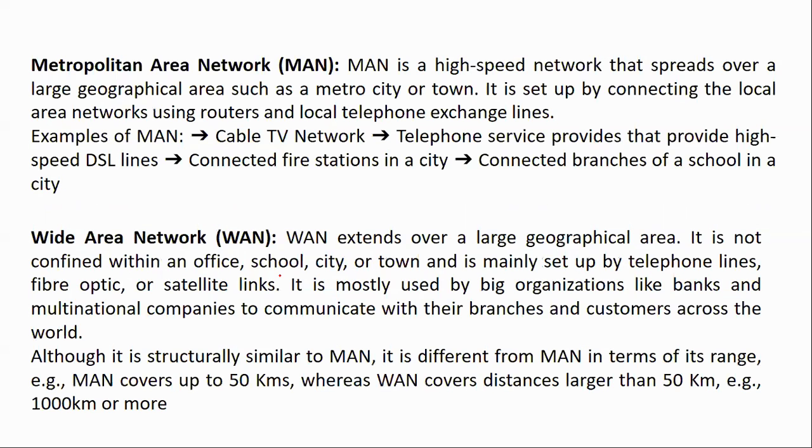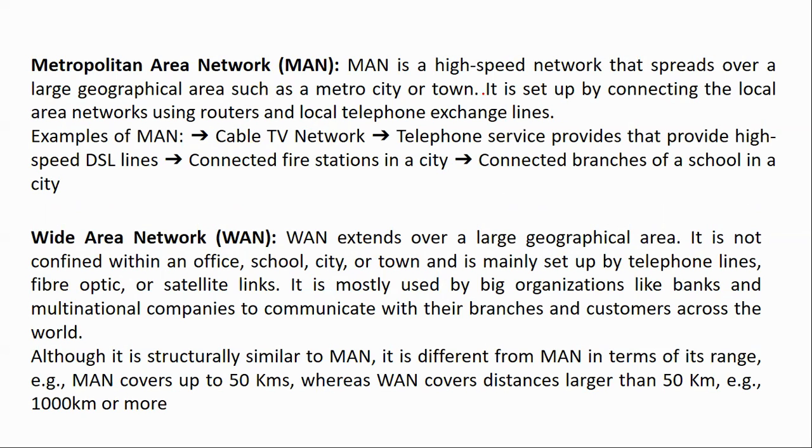Apart from that, when we talk about MAN, what is MAN? MAN is nothing but the metropolitan area network. It is a high-speed network that spreads over a larger geographical area compared to LAN, covering more area, such as a metro city or town.